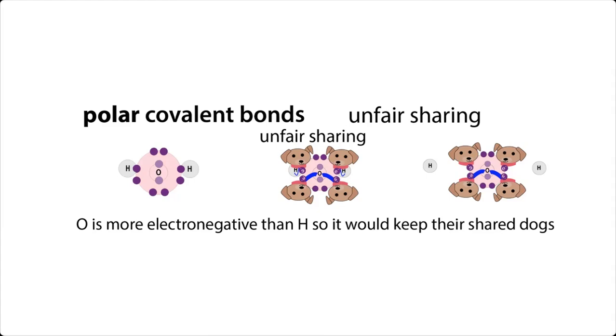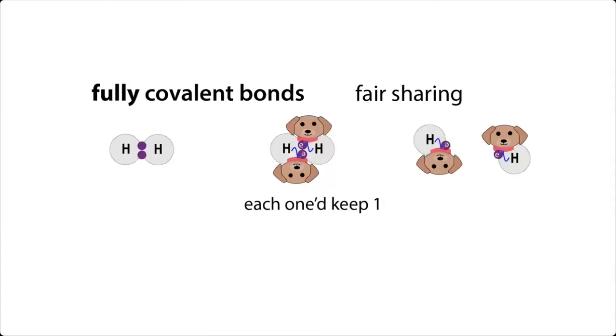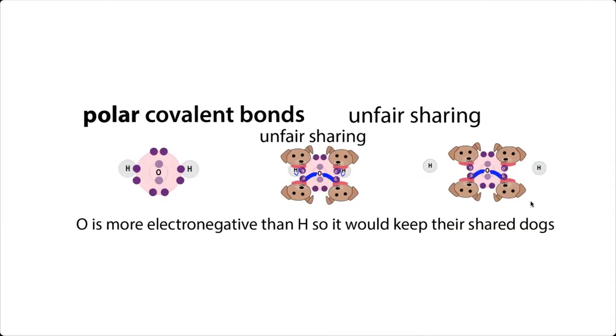They've changed their loyalty. And therefore, if we were to compare the state of this hydrogen and the state of the oxygen before and after, well, in a fully covalent bond with this fair sharing, each of these hydrogens' owners was going to have an electron, and yet here it doesn't. And so going from that pure hydrogen to the water, the hydrogen is going to have lost electrons.